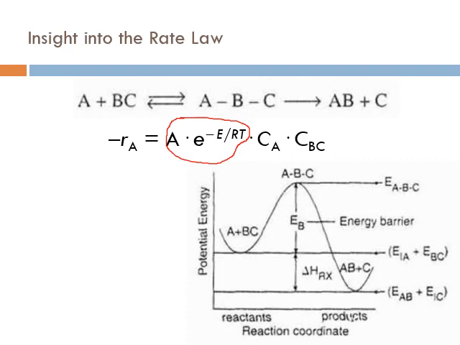So basically, the rate of reaction is a game of probability. Therefore, how can we quantify this probability? We can quantify it through the rate law.